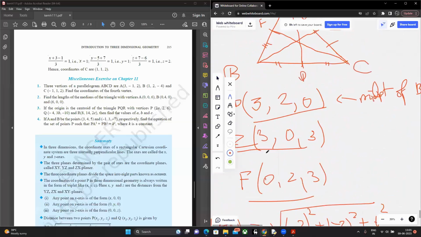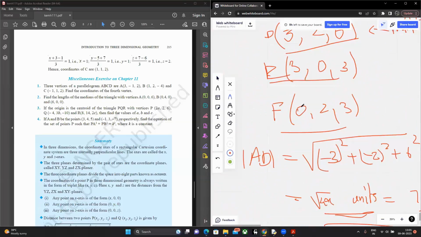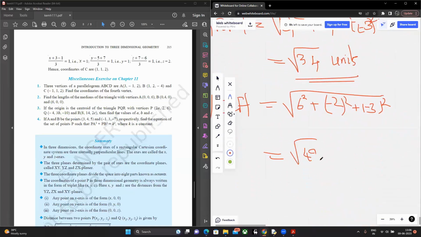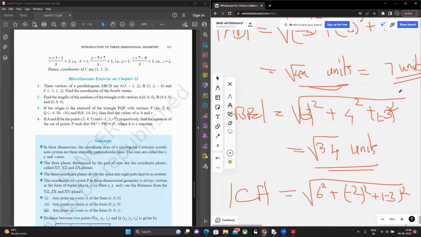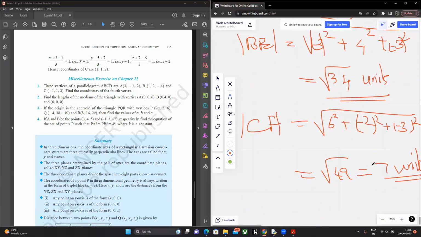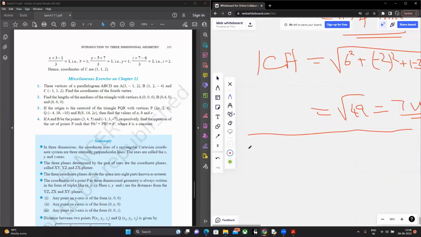So this calculation we have already carried out. This 36 plus 4 plus 9, that is going to be 49. That is going to be 7 units. So we have found the lengths of the three medians. AD, which is 7, BE, which is root 34, and CF, which is again 7 units. With that, we complete question number 2.